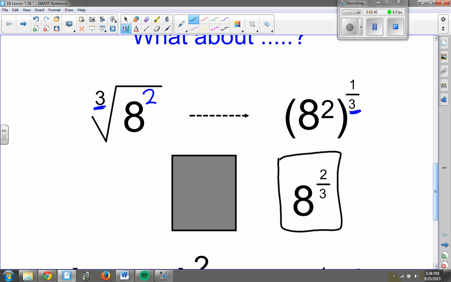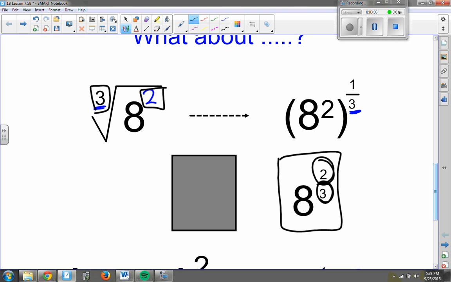So the third root of 8 to the 2nd power became 8 to the 2/3 power. Again, our index is still showing up in the denominator, and now the power that we see inside the root is the numerator.